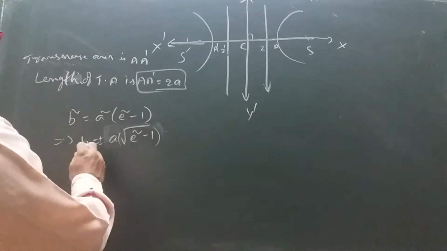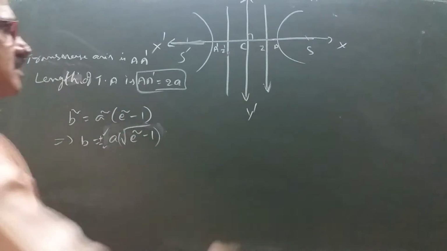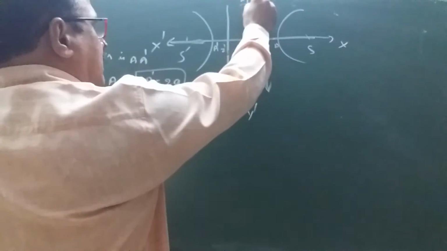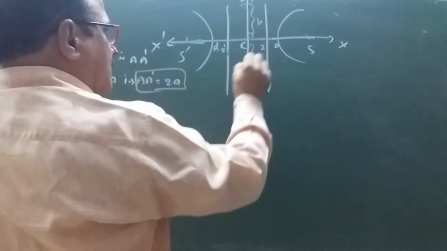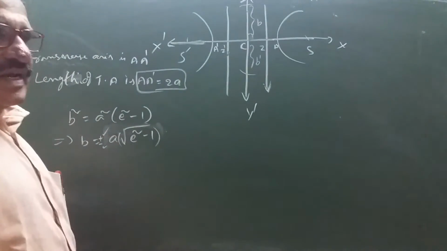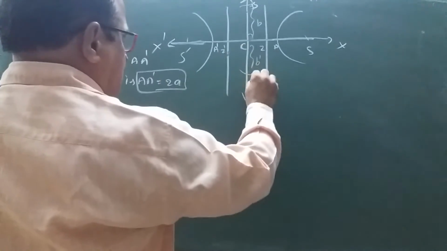Here there are 2 points, one with plus and one with minus. On the y axis we have to take 2 points, this length b and this length b dash, the same length but on the opposite side. Take this as point B and this as point B dash.